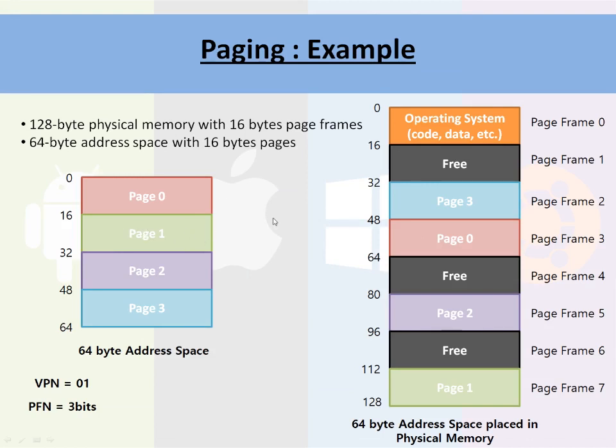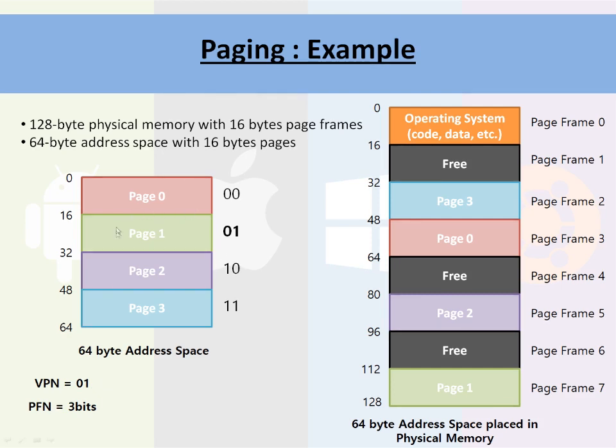So let's take, for example, that in the example that we've been working with, this is how the memory is laid out. Okay, we know our VPN is 01 because that's what we calculated. And we know that our page frame number is of size 3 bits. Okay. So where is our VPN? It's telling us that it's 01.